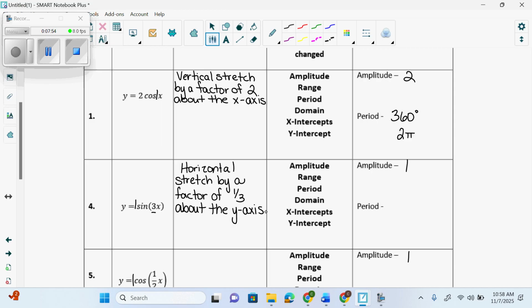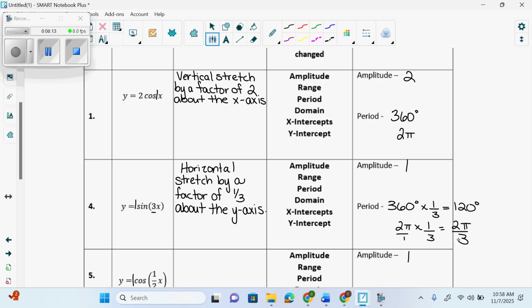So, we're taking 360 degrees and multiplying it by what? 1/3. And so we get 120 degrees. Or we take 2 pi and multiply it by 1/3, and we get 2 pi over 3.